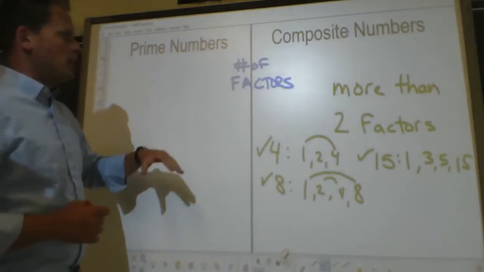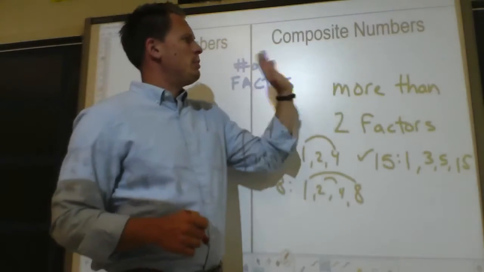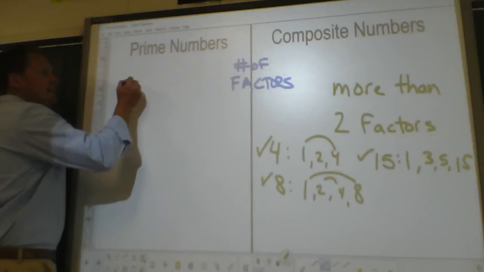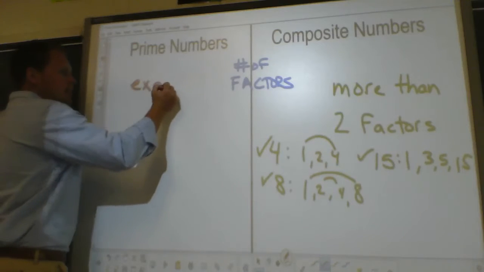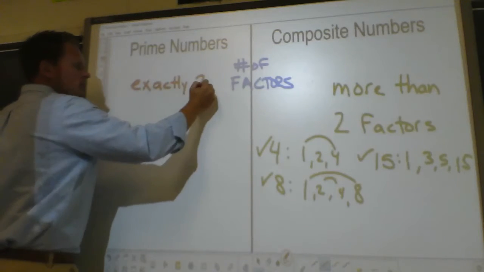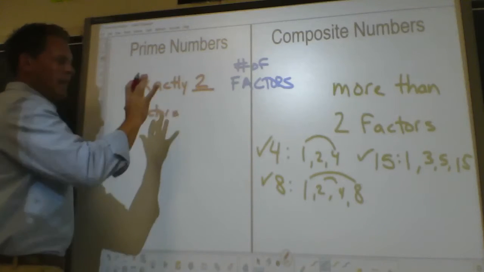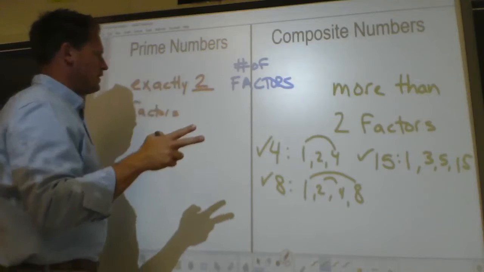So when we're talking about prime factorizations, if we know the definition for composite is more than 2, the definition for prime numbers is exactly 2 factors. So it has to have 2 factors.